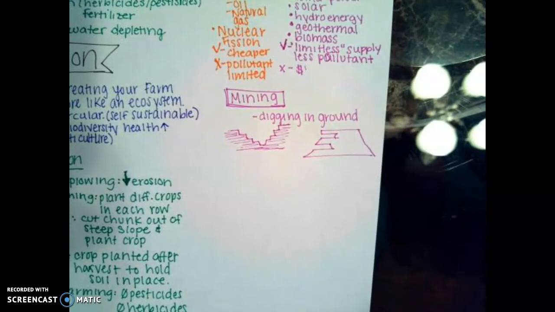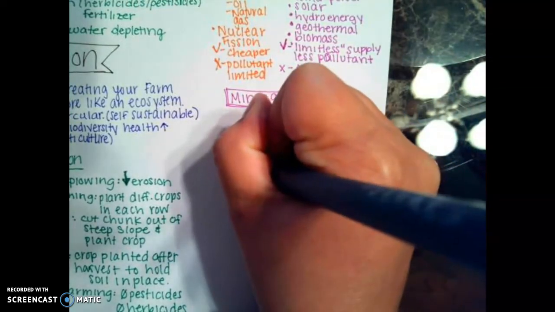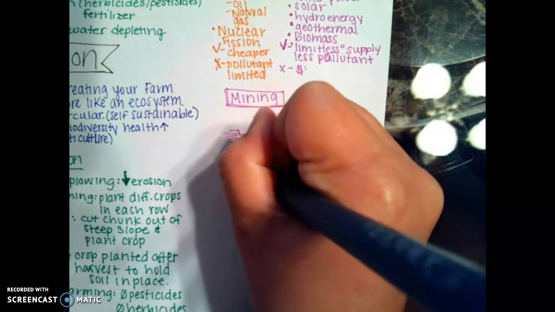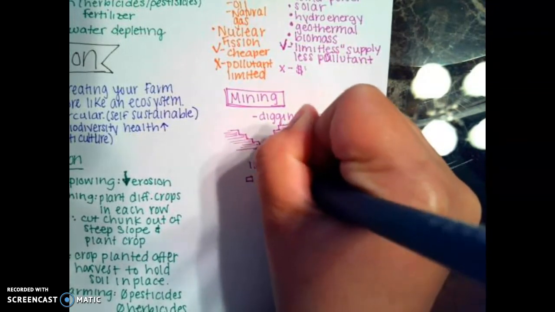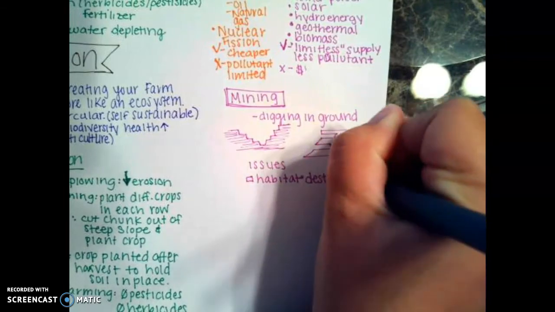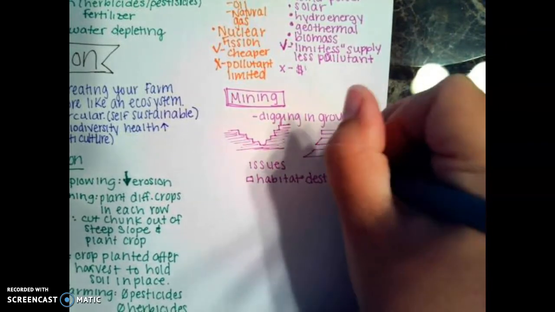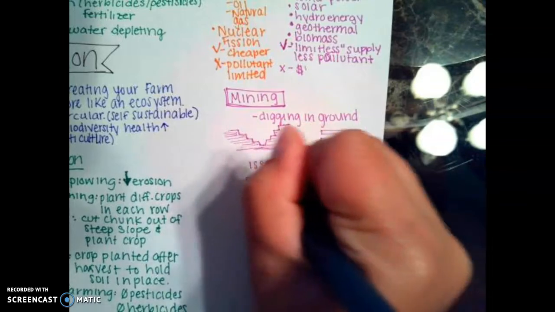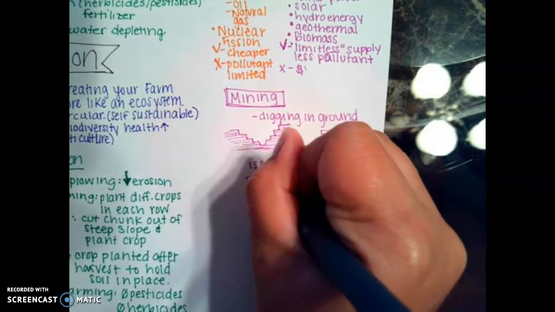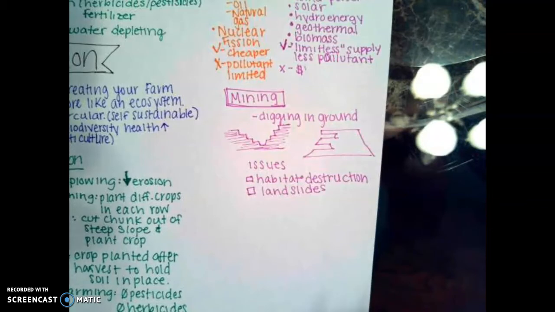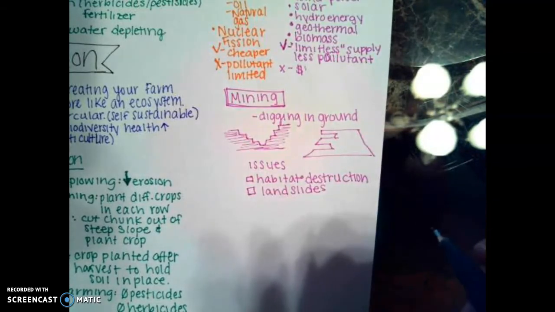We can get a lot of landslides. One is habitat destruction for whatever organisms lived in and on the mountain or area that they're mining. Two, it can cause geological hazards like landslides because it's loosening the soil, mudslides, creeps, flows, any of those that we talked about.